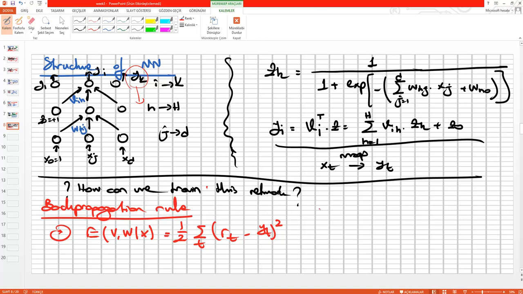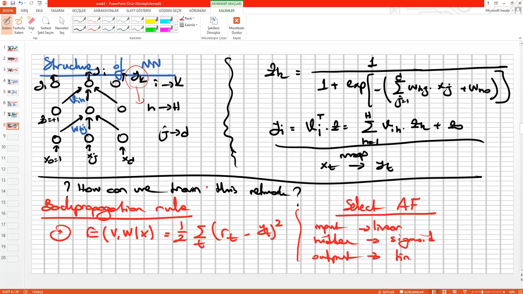Okay? And then we should also select the activation function, AF, in here. In the input, we have the linear neuron. Okay? In the hidden layer, the Z layer, which is called the hidden, we have the sigmoid function. In the output layer, we have also a linear neuron, which means that we produce the sum line.